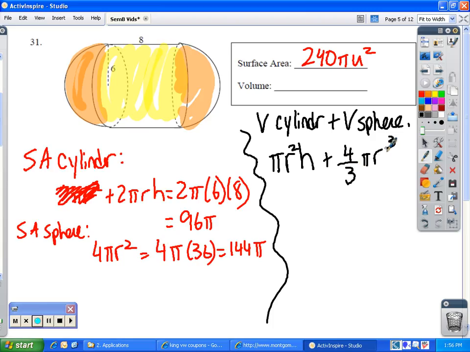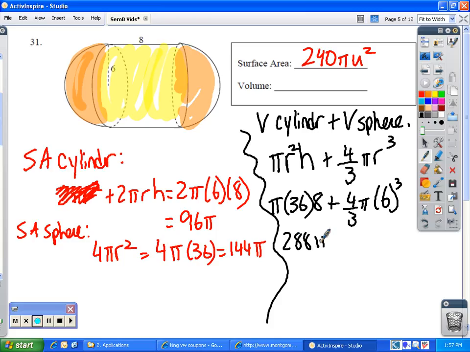Okay, so volume of the cylinder is going to be pi times 6 squared, which is 36, times the height of the cylinder, which is 8, plus 4/3 pi times the radius of the sphere, which is also 6 cubed. Okay, so 36 times 8 will tell us that the volume of that cylinder in the middle is 288 pi, plus 6 cubed, 6 caret 3 on my calculator.